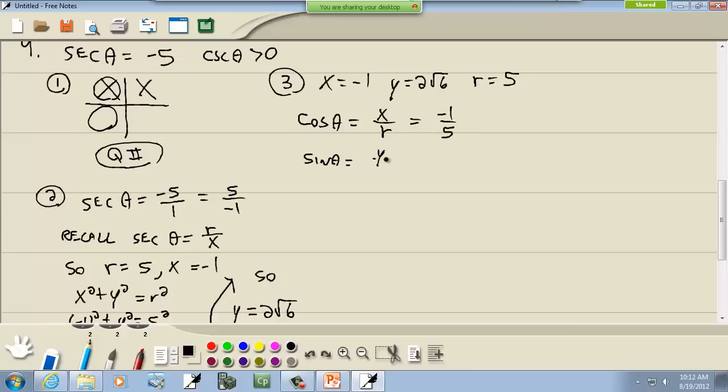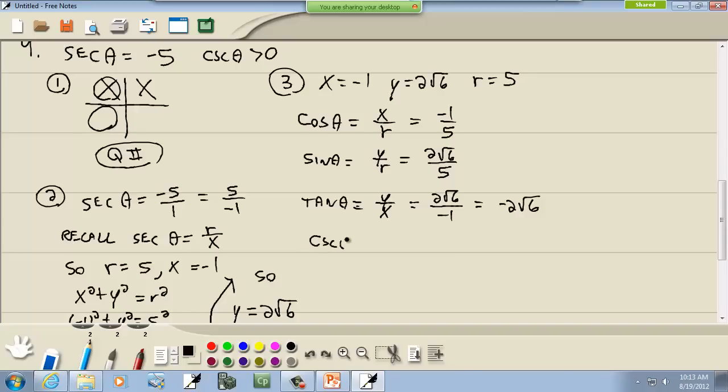Sine is equal to y over r. So we got 2 square root of 6 over 5. Tangent is equal to y over x. Y we said was 2 square root of 6, and x is negative 1, so that gives us negative 2 square root of 6.